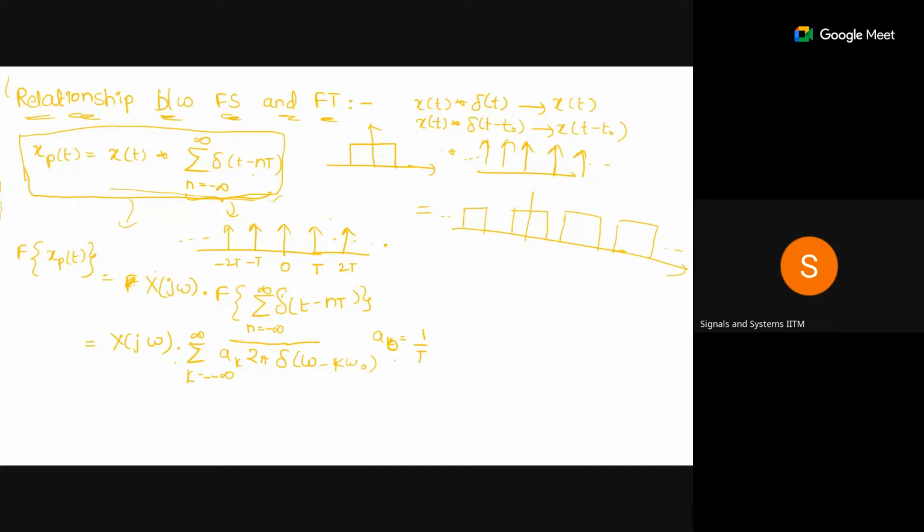Do you know why it will be 1 by T? If you use this formula, ak is equal to 1 by T, integral of minus T by 2 to T by 2 of delta of t e power minus jk omega naught t dt.